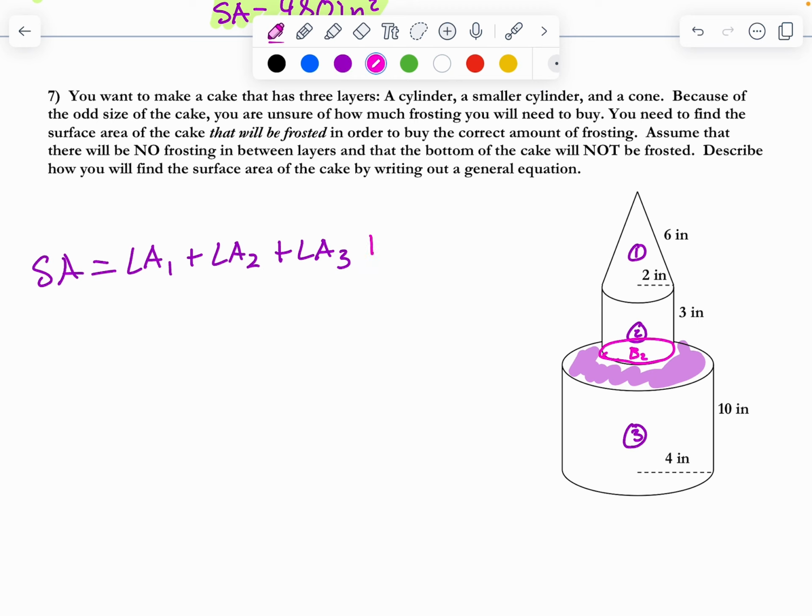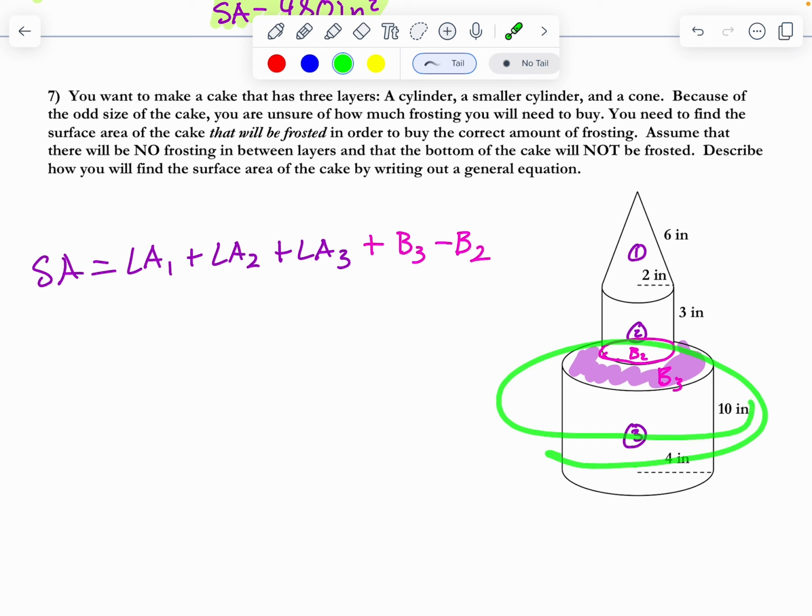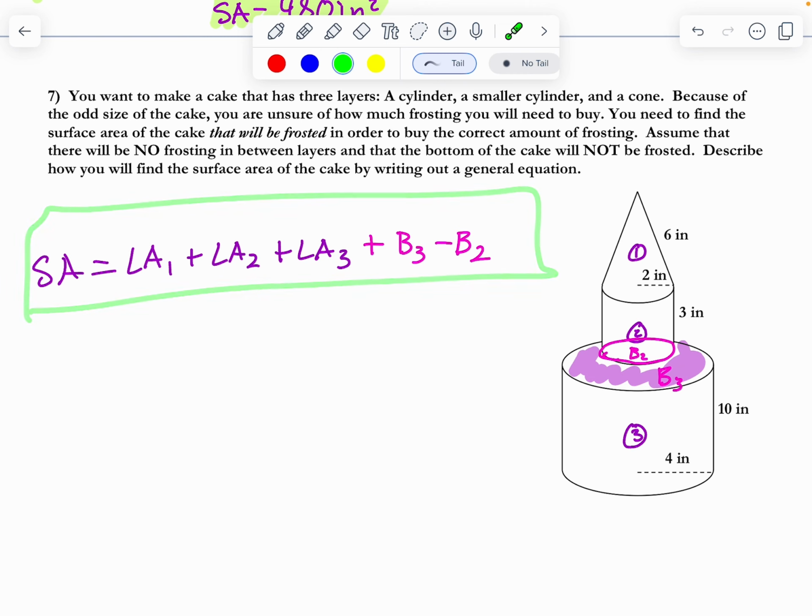Then I would add base 3, the base of the third shape, this here. But remember, we're adding this entire base, so we need to subtract away base 2, which is this one right here. And that's how I would do it. Now, if you wanted to do the surface area of the entire cylinder at the bottom, subtract away the base here and subtract this way, you can do it that way too. But I figured this is how I would do it personally if I had to do this myself.